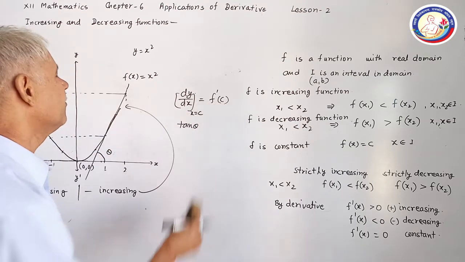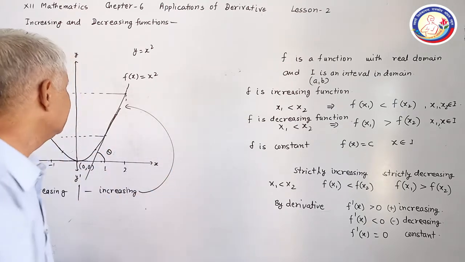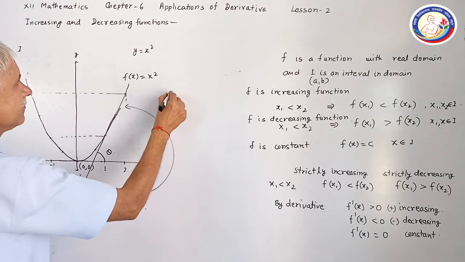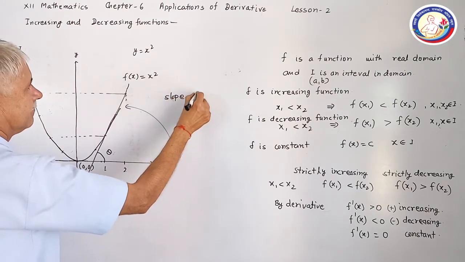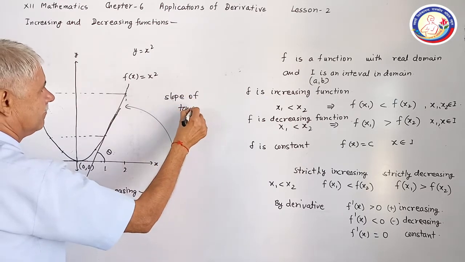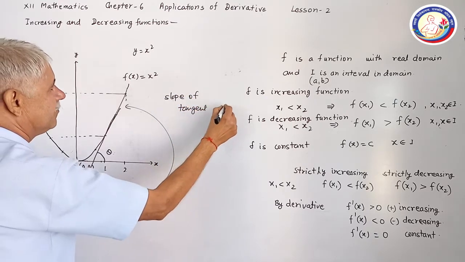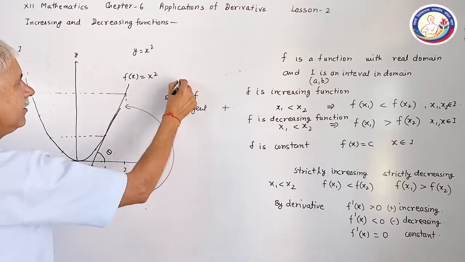That gives the slope of tangent. So for increasing function, the slope of tangent is positive.